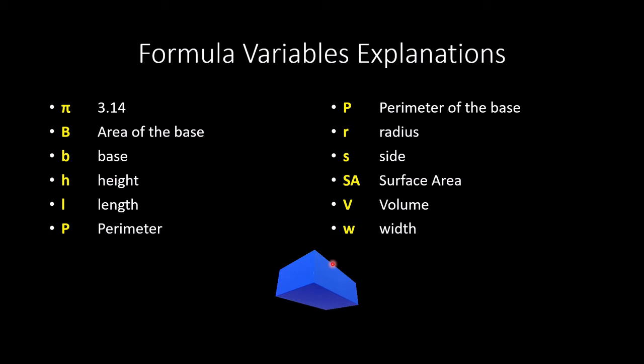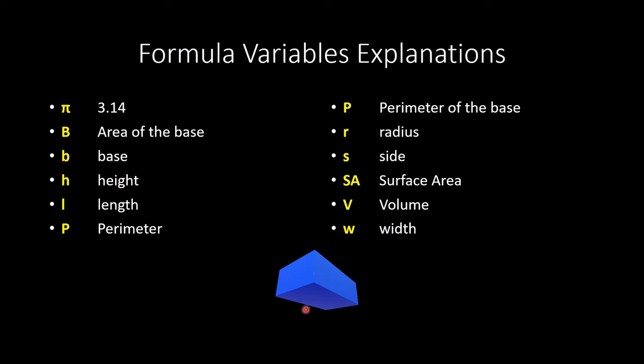Okay, so I have this P right here, which stands for perimeter, the big P. Also, my friends, that is when the P is on the left of the equal sign. Whenever we have the big P on the right side of the equal sign, that means the perimeter of the base, meaning that we have to figure out the perimeter of this base right here, the bottom of our three-dimensional figure.